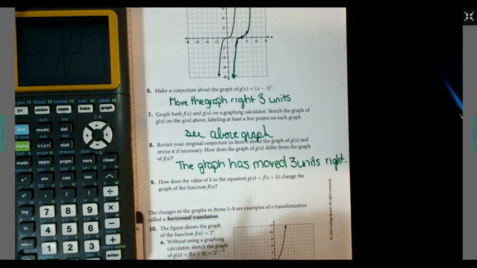How does the value of k in the equation f parentheses x plus k change the graph of the function f of x?